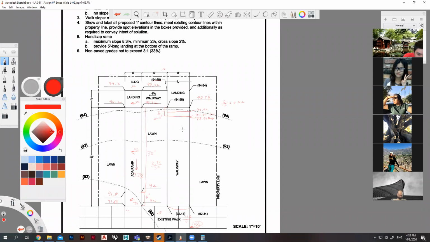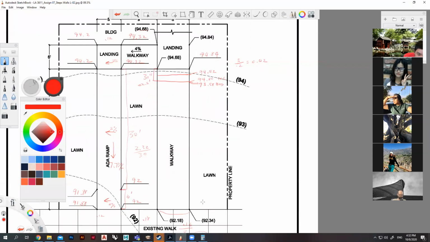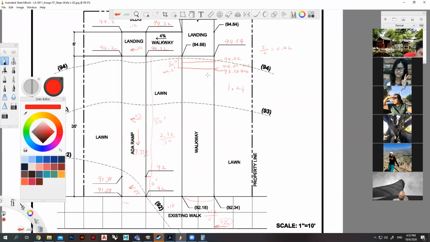So we got all the information up there. We got the BOS, which is going to be our top of our walkway. So to find out the DE, 93.58 subtract 92.34, so it's 1.24. That's our DE. And we need the length of the remaining walkway, so 35 subtract 2.5.